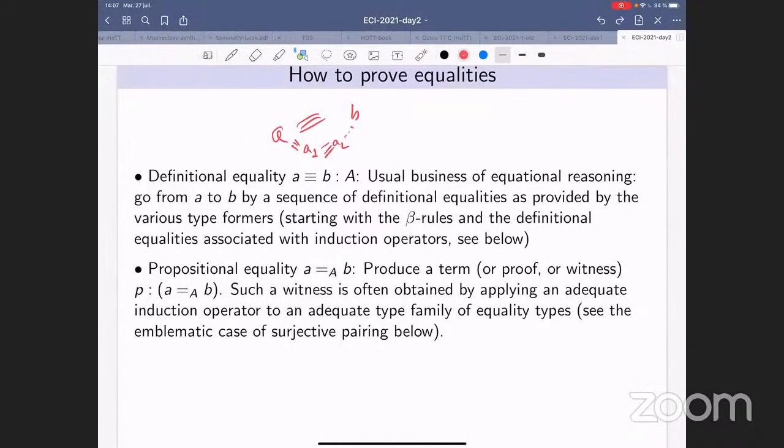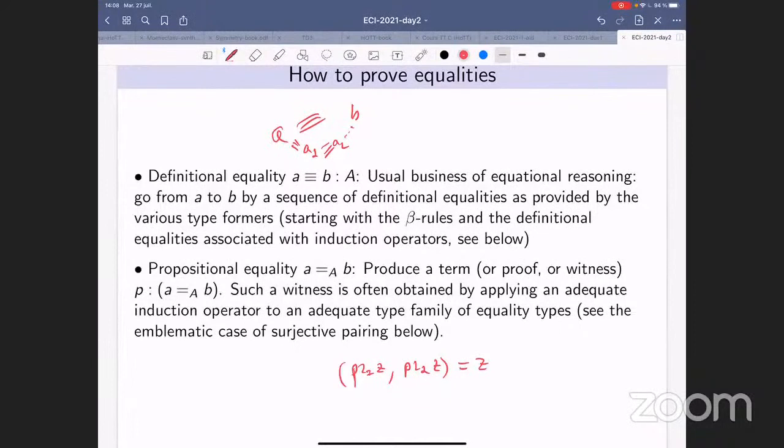And for an illustration, I gave yesterday the proof of the surjective pairing. If you remember, it was the proof that if we are in a sigma type, we can prove that (pr1 z, pr2 z) is equal to z. Okay, so it's interesting because you can prove it.